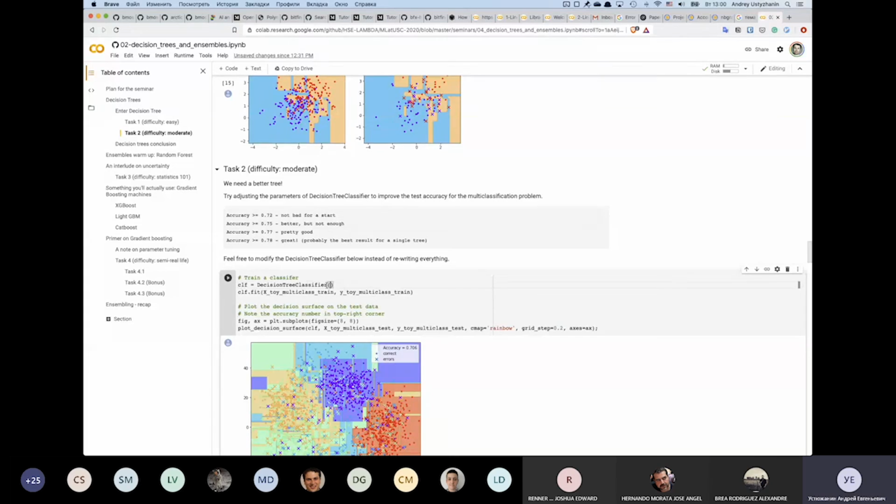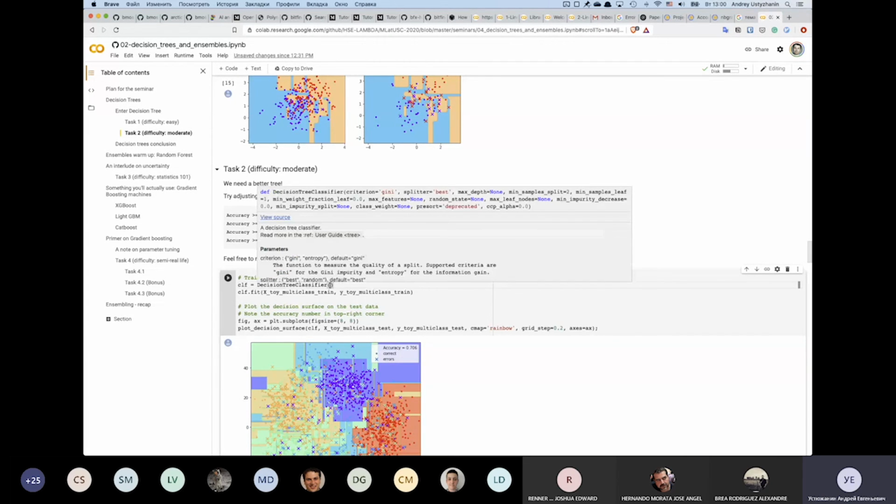To examine all the parameters that we get here, we can just click Shift Tab, and it shows us the possible configurations. And now we're going to work with a multi-classification sample.